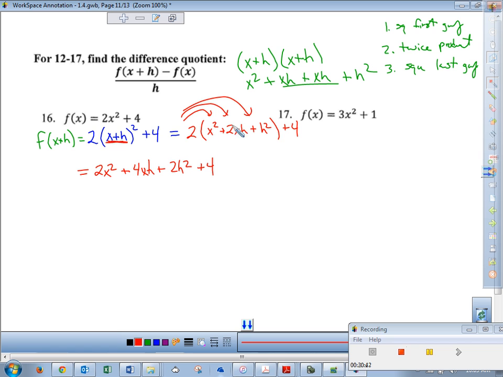I just distributed the 2 to these 3 guys. Don't forget about your plus 4. That was a straggler out there. Awesome. Now we put it into the difference quotient formula: 2x squared plus 4xh plus 2h squared plus 4. That's f of x plus h that I've put right there.